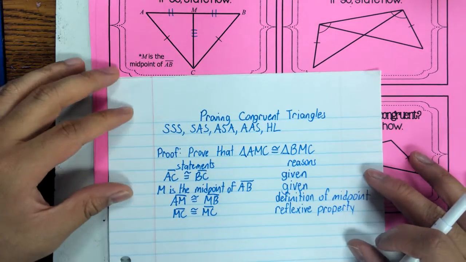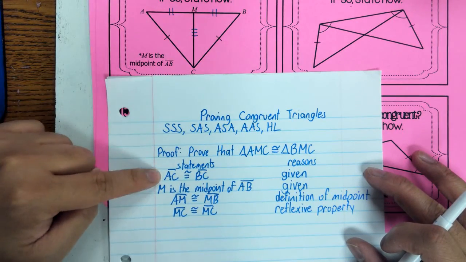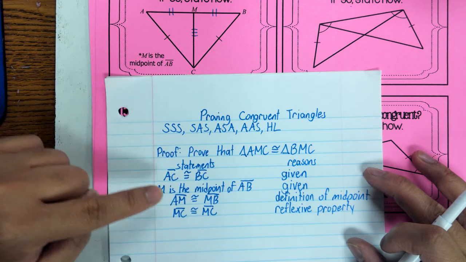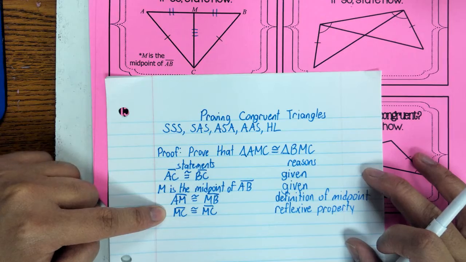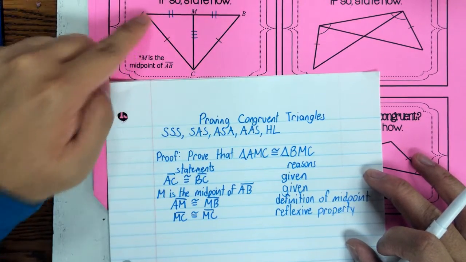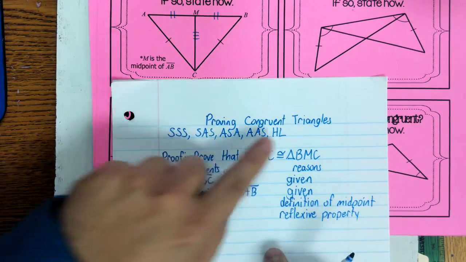So, according to the statements we've written, we have one side, AC congruent to BC, another side, AM congruent to MB, and a third side, MC congruent to MC. We have a side, side, another side. So now we can use one of these 5.